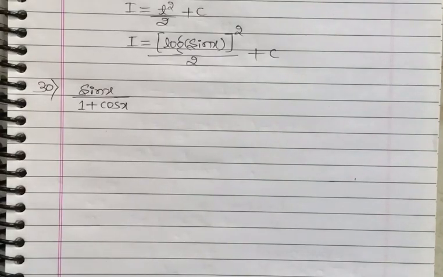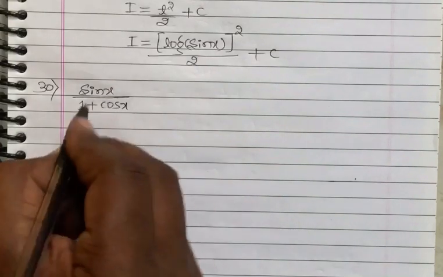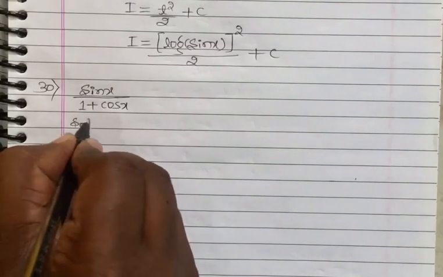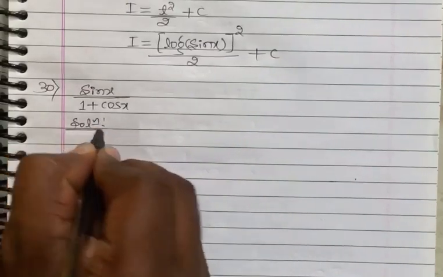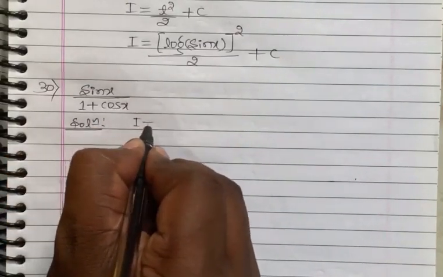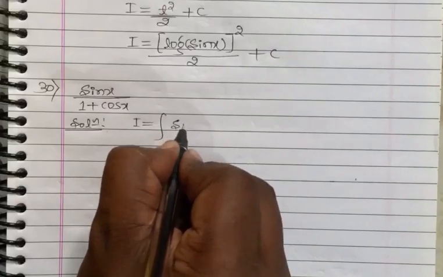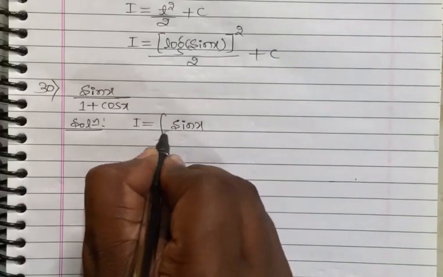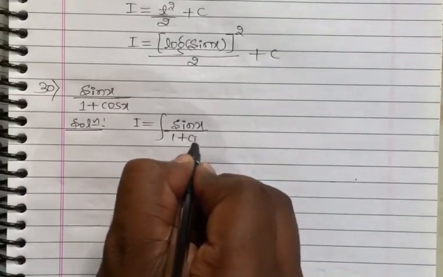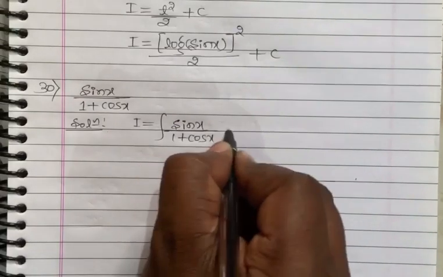The 30th question is sin x divided by 1 plus cos x. So let us take this as I, which equals the integral of sin x divided by 1 plus cos x dx.